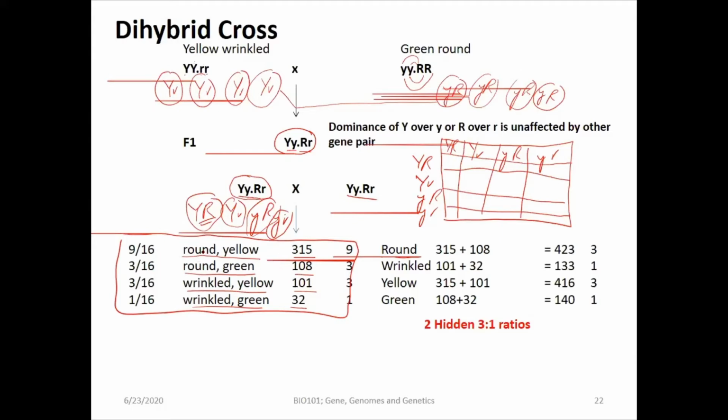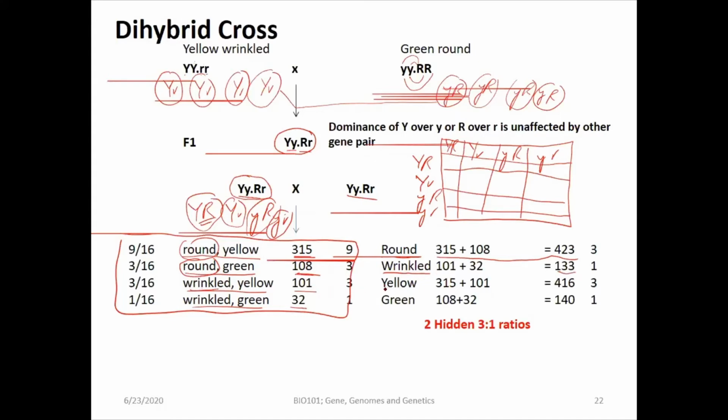All the rounds are what? This round plus this round. How much is 315 plus 108? 315 plus 108 makes 423. What is the recessive for round? It is wrinkled. Let's add up all the wrinkled. Forget about the other trait for the moment. Wrinkled are 101 plus 32. It adds up to 133.